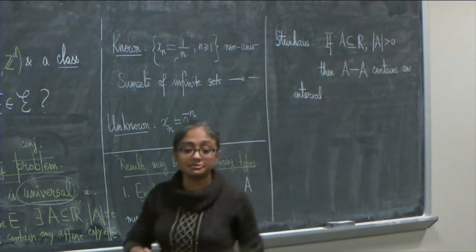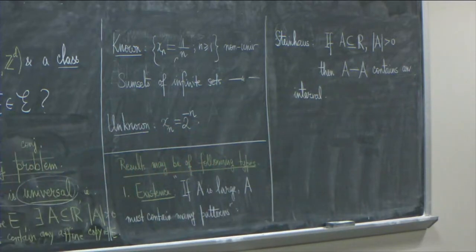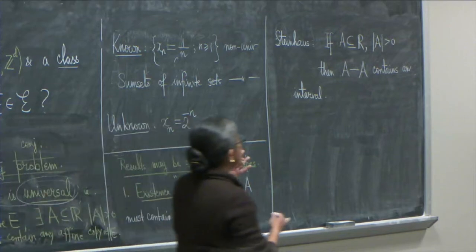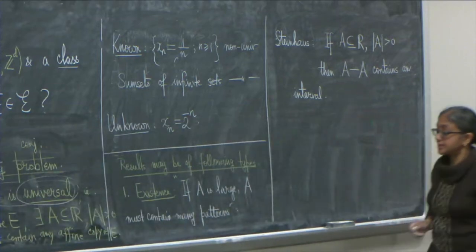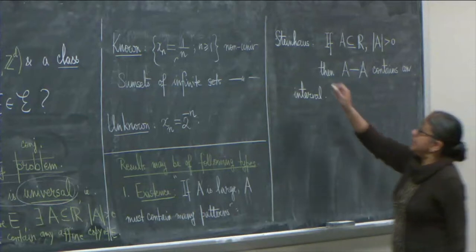Okay, so this is maybe one of the first results in this area where if you have a large set, you can say something about the structure of that set. That's one.